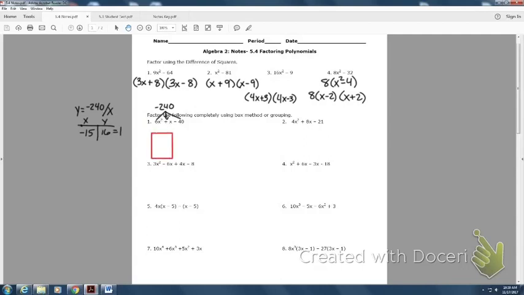So we'll go ahead and just do the box method on this. What goes in the top left box? What goes in the bottom right? Does it matter which boxes I put 15 and 16 in?